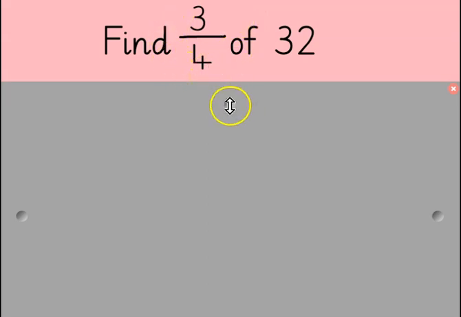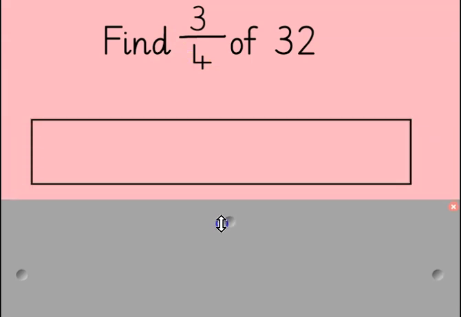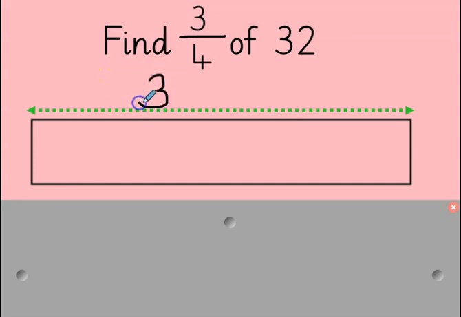Let's try that using a bar. Now remember, when you try these questions yourself at home, you may either cut up some strips of paper and make some physical bars to work on, or you may just draw bars on your piece of paper. Okay, so this whole bar we know is equal to 32.